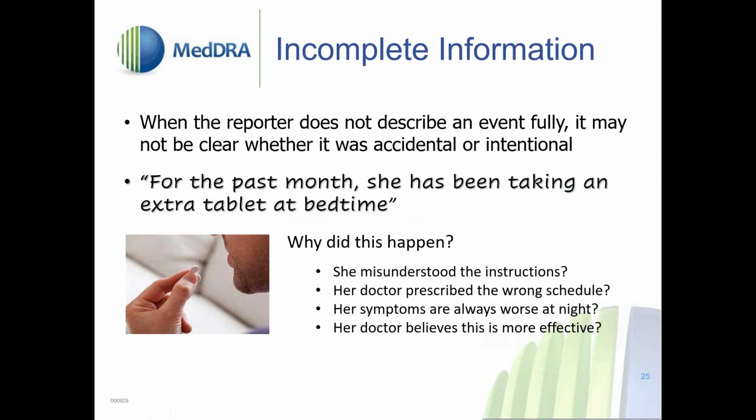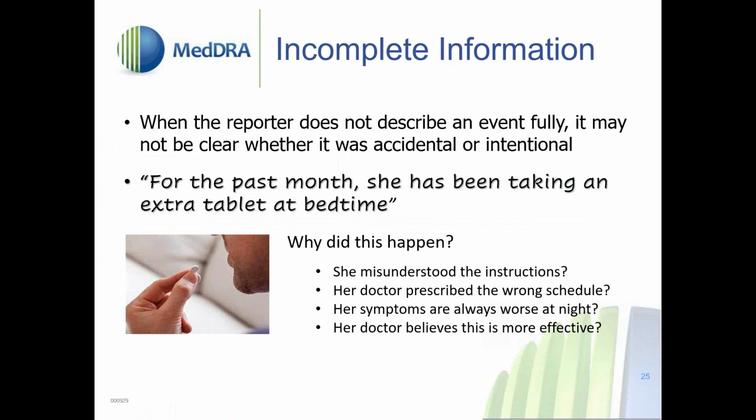Or did the doctor mistakenly give her the wrong schedule with a prescription? This would also represent a medication error, in this instance, a prescribing error. Or is the patient's discomfort getting worse at bedtime, and so she decided to take one more tablet? This scenario would constitute an intentional drug misuse. Or did the doctor decide to use the drug off-label because he was convinced that the treatment would be more effective this way? Our case information does not allow for any of these classifications.